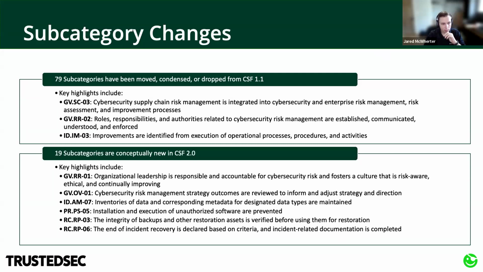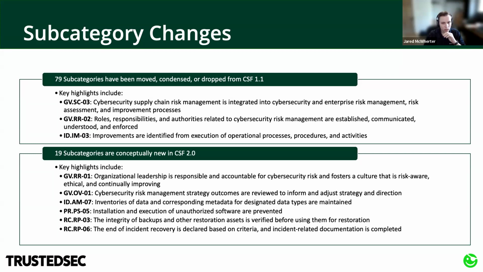Under the Identify tab: inventories of data and corresponding metadata for designated data types are maintained. Previously in 1.1, NIST required that data flows and organizational communications were mapped, but it kind of ended there. There was an implementation example stating that this needed to be updated regularly.